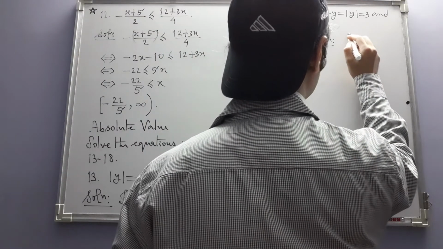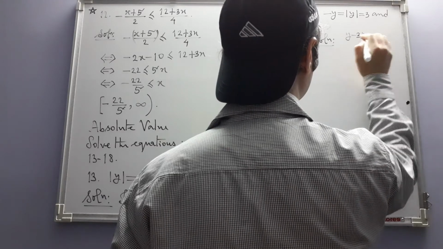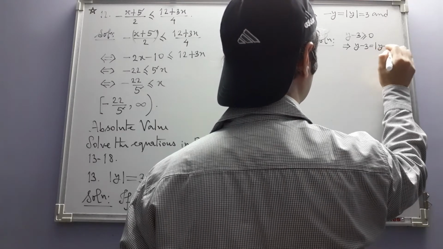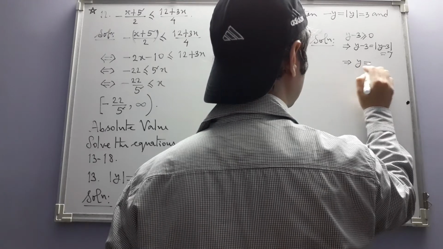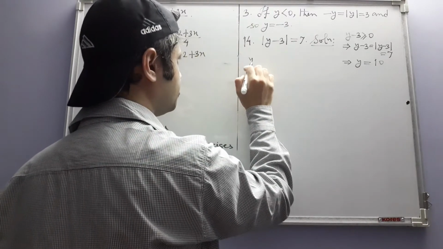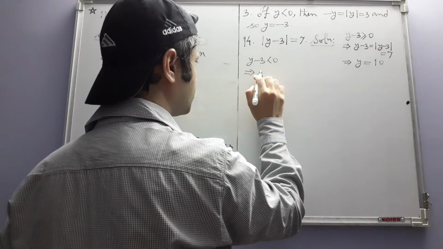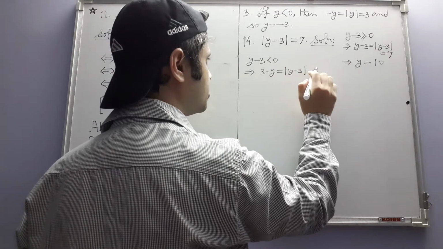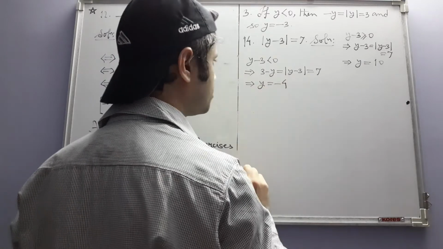If y minus 3 is non-negative, then y minus 3 is the absolute value, which is equal to 7, which implies y is equal to 10. And if y minus 3 is negative, then 3 minus y is equal to 7, and so y is equal to minus 4.